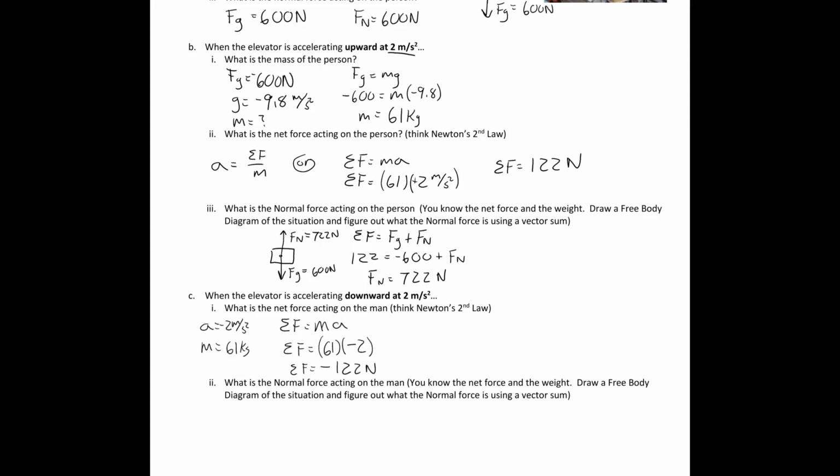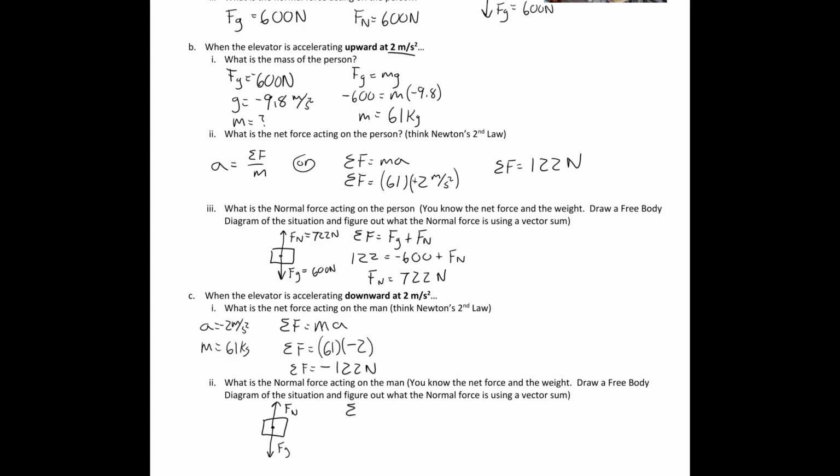Now it says, what is the normal force acting on the man? You know the mass and the weight. Draw a free body diagram of the situation and figure out what the normal force is. So here's your free body diagram. You have the weight of the person and you have their normal force. You're standing on the elevator. The floor of the elevator is pushing back up on you. But is it equal to your weight? Let's see.